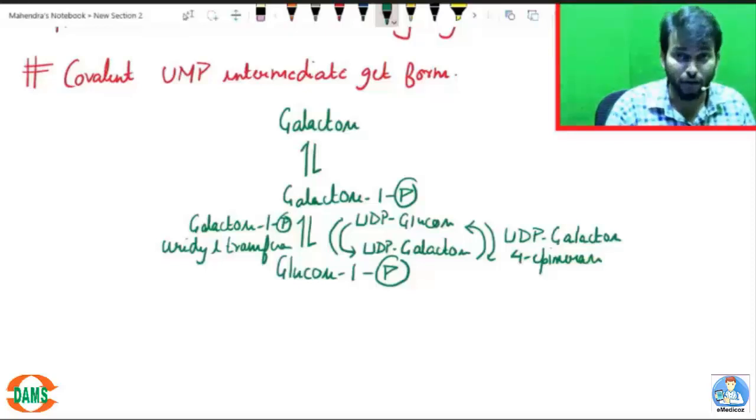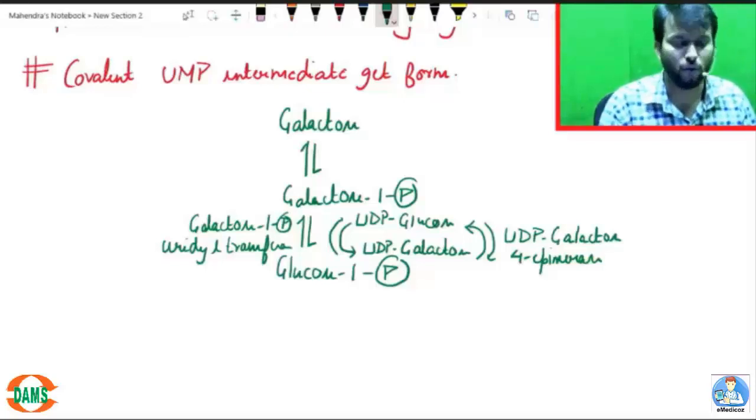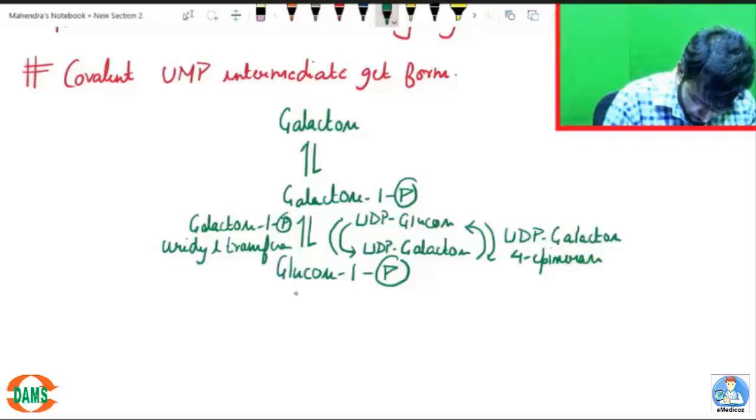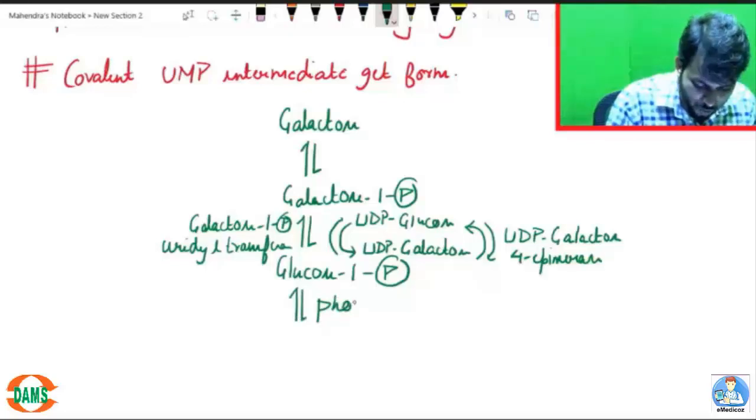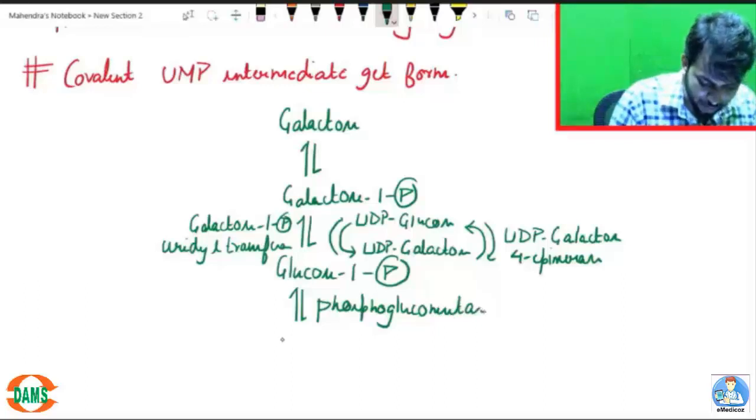So there is a conversion of UDP glucose to UDP galactose, and this glucose 1 phosphate can be freed with the help of an enzyme known as phosphoglucomutase. There is a conversion of glucose 1 phosphate to glucose 6 phosphate.